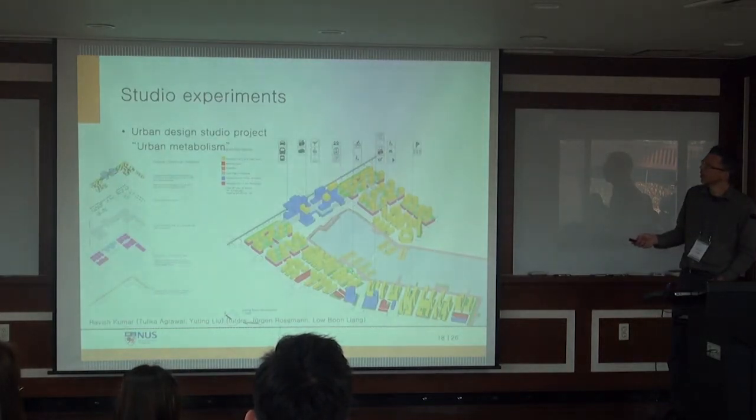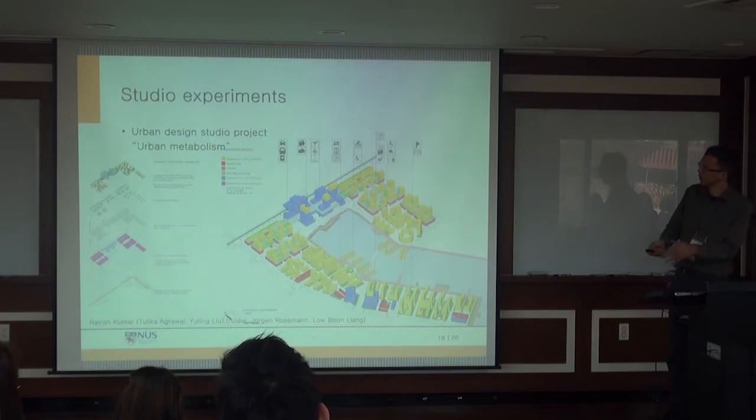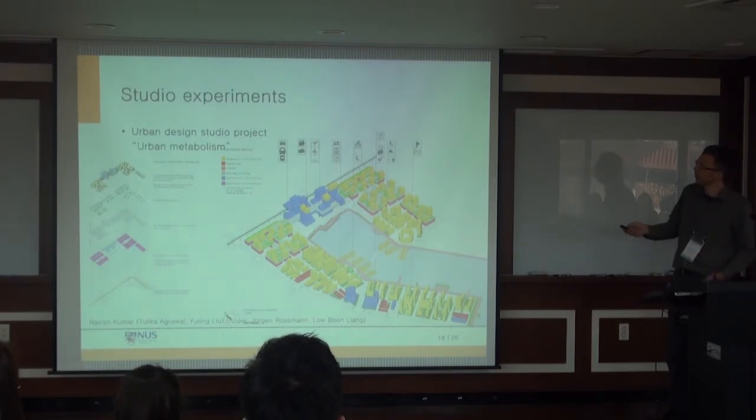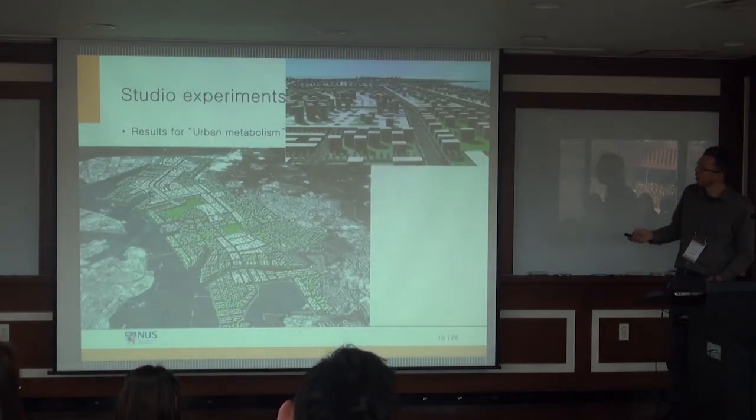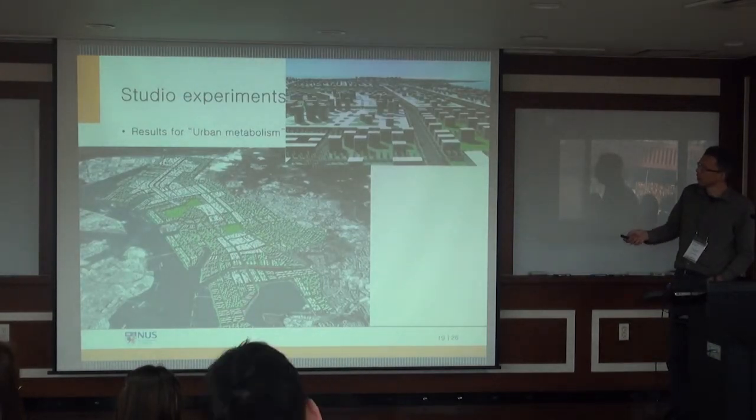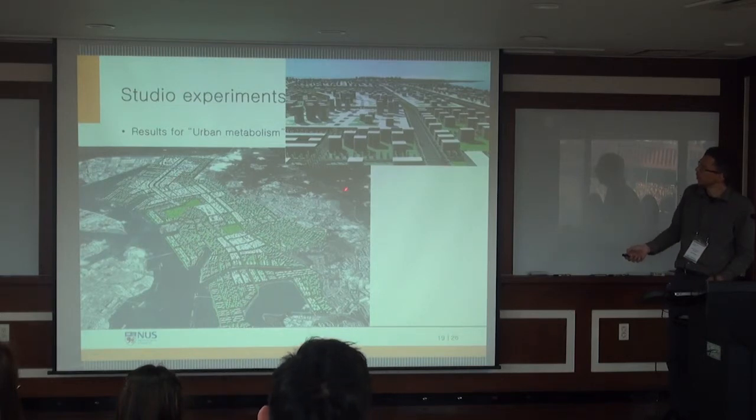This is another project that we also looked at. This is from an urban design studio. As you can see, the scale is a bit smaller, but we extrapolated it for the entire area. It's called urban metabolism. And in this case, there's a bit more variety in terms of the building typologies.